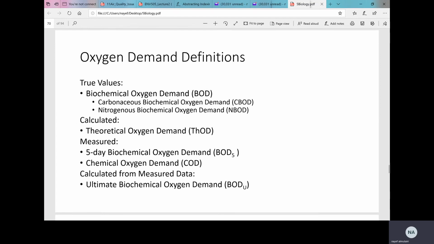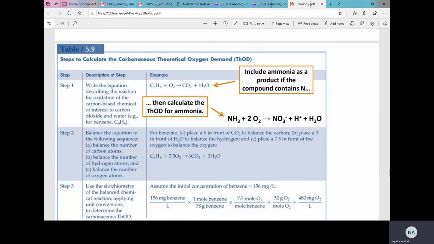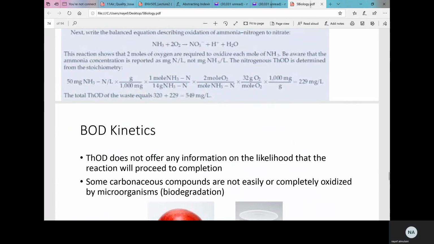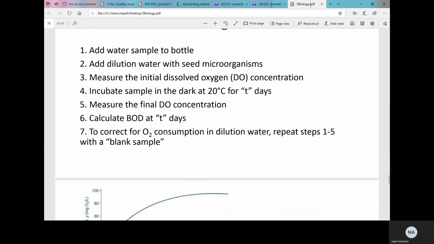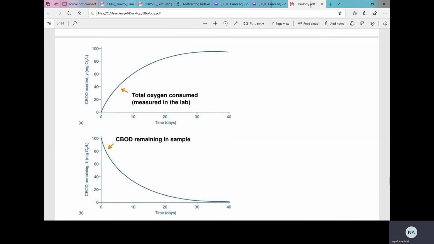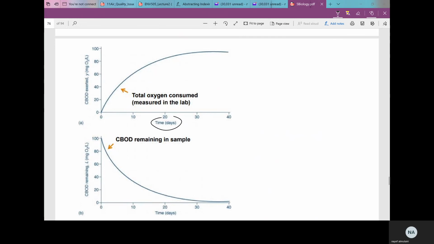Now we come to the BOD equation itself. BOD is the total oxygen consumption. So if you plot time versus BOD in milligram per liter, you can see that the BOD will increase all the way until it reaches a maximum horizontal line.